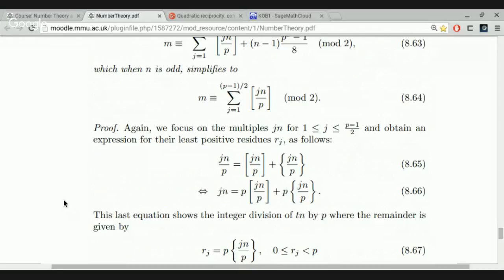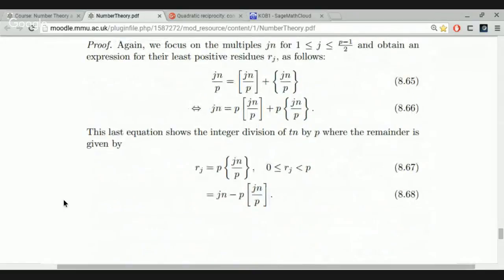So this p times the fractional part of jn over p, we can label this as rj. It's the residue rj. This is the notation that we used in the previous result.